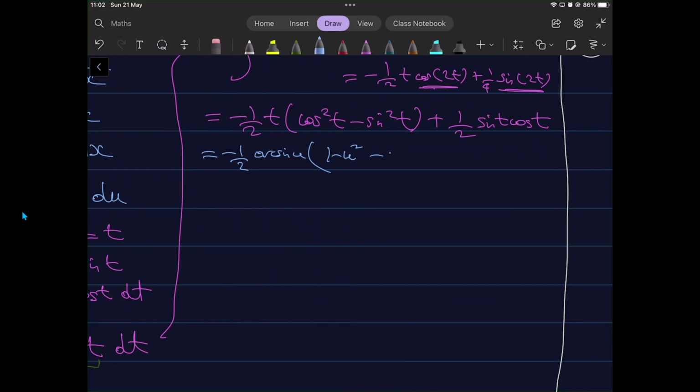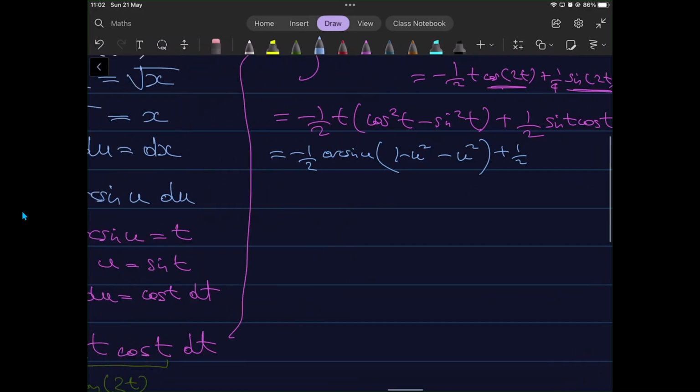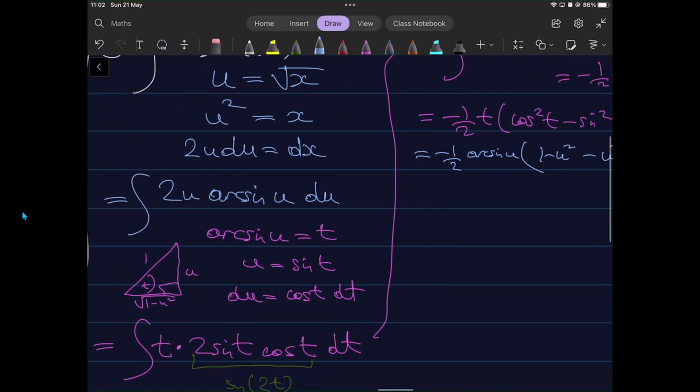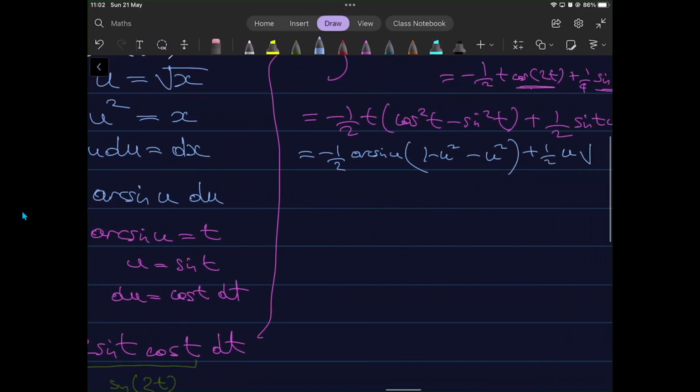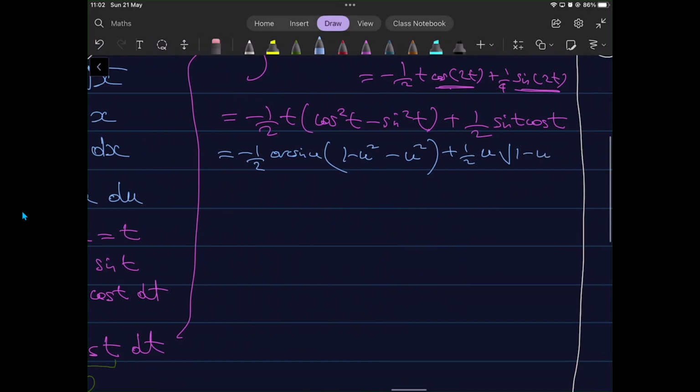So minus u squared. Plus a half sine of t cosine of t. Sine of t is equal to u, and cosine of t equals root 1 minus u squared, if you look at the triangle. Right. And if we were to simplify what's in this bracket here, this is just equal to 1 minus 2u squared.